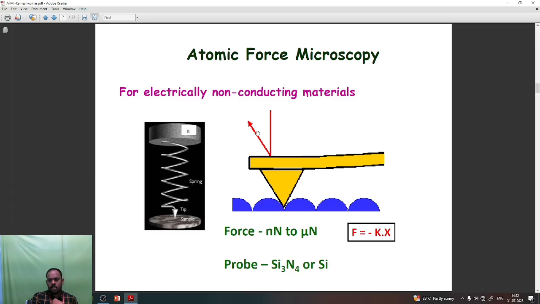When we operate this AFM instrument, the cantilever will move in the Z direction up and down while being rastered along the X and Y directions, so that a three-dimensional image of the sample surface will be obtained.